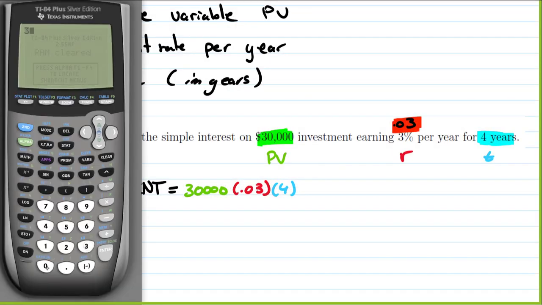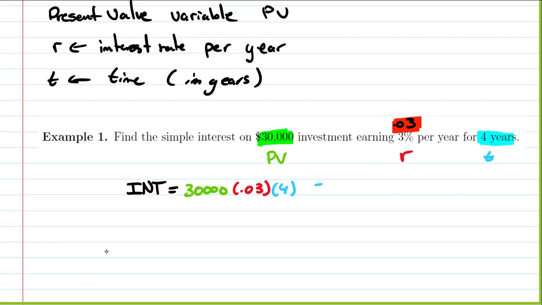Put that in, 30,000 times 0.03 times 4, and we get $3,600 in interest. So for our simple interest formula, $30,000 invested at 3% interest for 4 years would earn a total of $3,600.